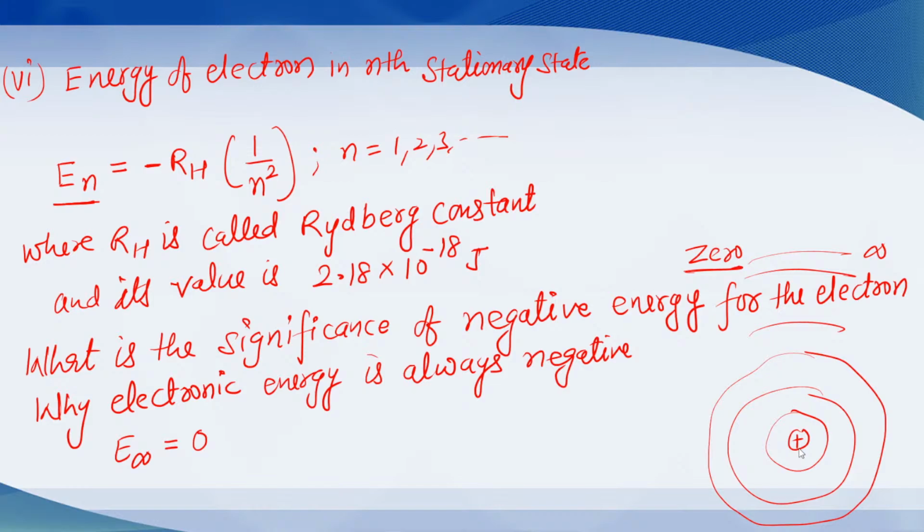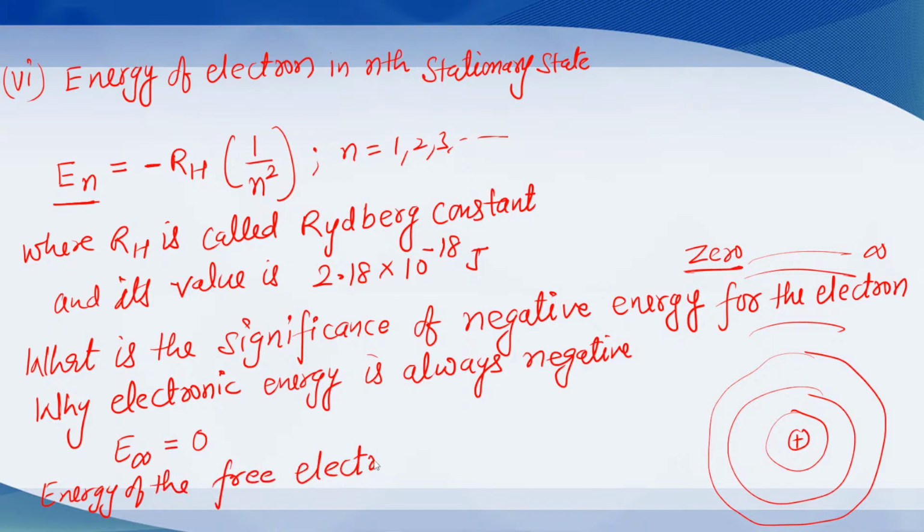Infinity means electron is not in the atom. Got it? It is a very important point. E infinity equal to zero, where E infinity means energy of the free electron.